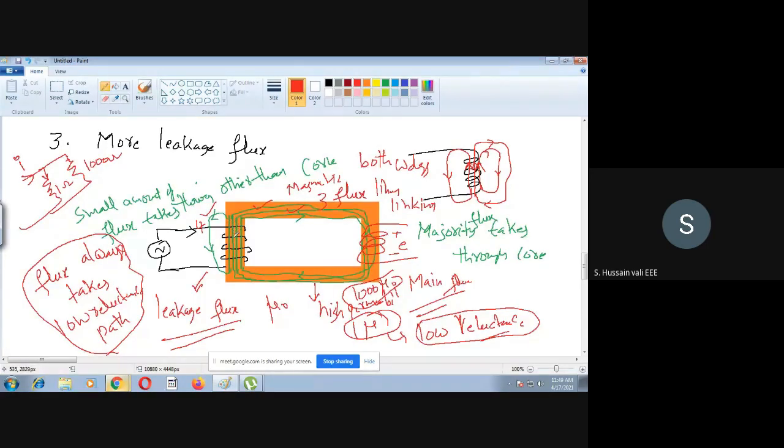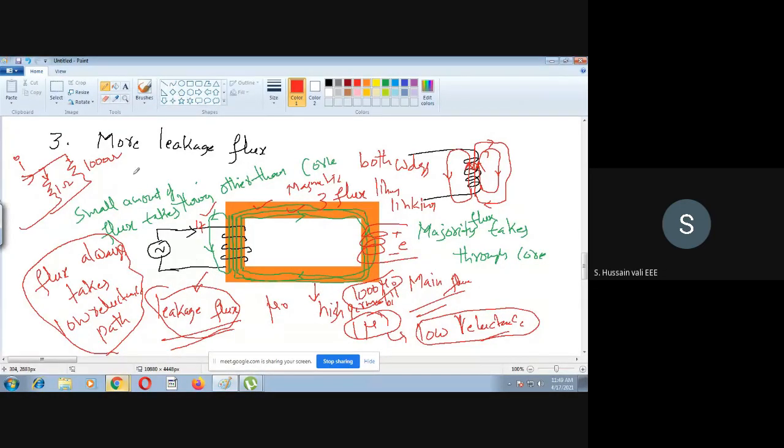So when the flux has a chance to travel either through air or through the magnetic core, the majority will travel through the magnetic core because it has low reluctance, and a very small flux will travel through air because air has high reluctance. We can take the conclusion that if any path has high reluctance, then its leakage flux is more.